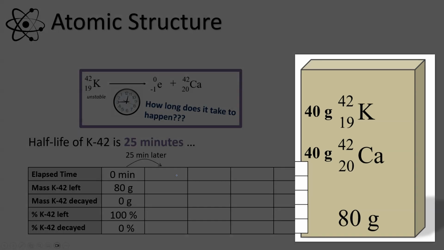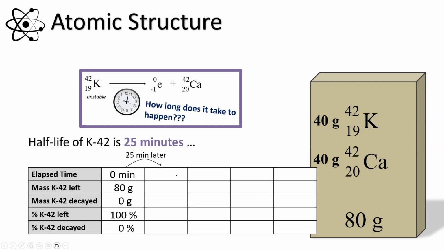The whole block's mass doesn't change. The entire block's mass is still 80 grams. It's just that the potassium 42 is changing into something else, right? So only 40 grams of potassium 42 is left. The other 40 grams has now decayed and turned into this product, calcium 42.